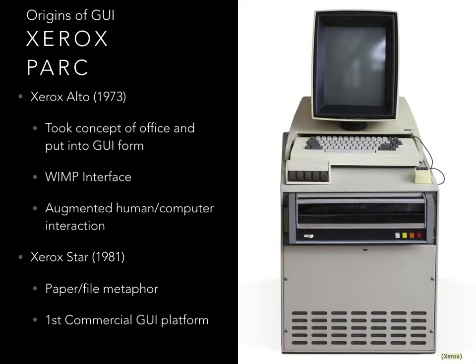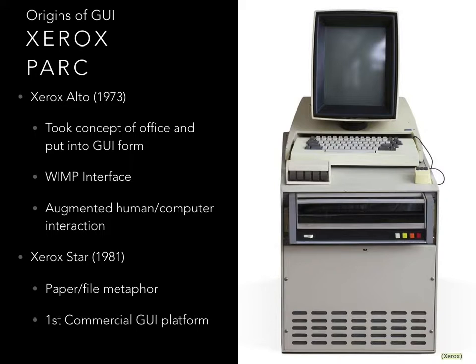Eventually, the Xerox Alto would not actually see commercial production. It was largely just used there at Xerox PARC and in some academic and small-scale research applications. What would be mass produced in 1981 was the Xerox Star. The Xerox Star took one additional step with the desktop metaphor and added the paper and file metaphor.